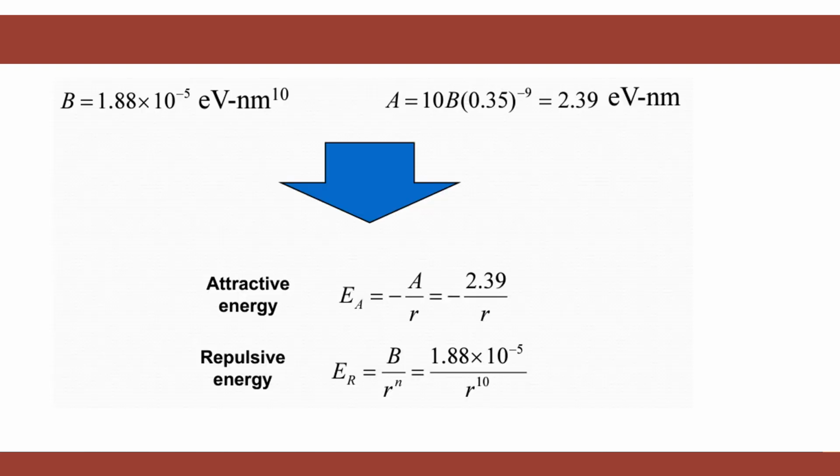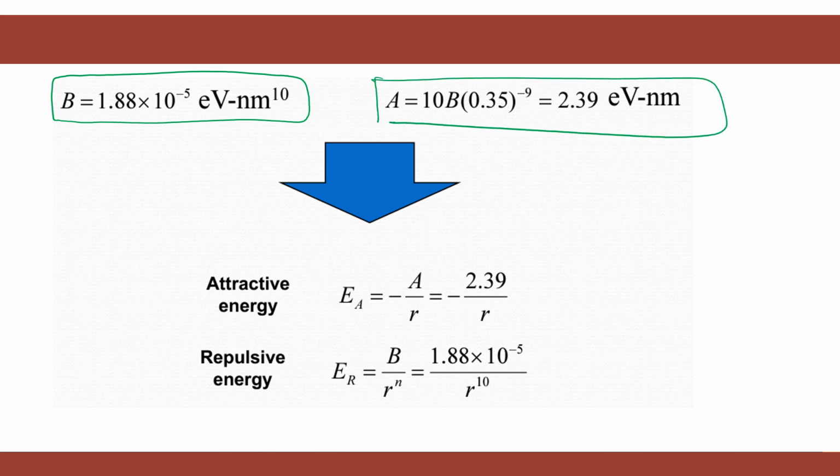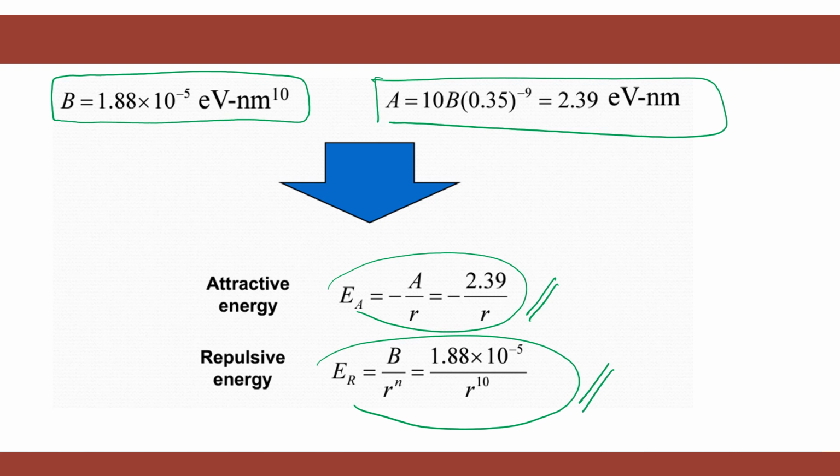Okay, so when you solve the two equations, you get two values for B and A, and you can substitute them here and here. You get answers for attractive energy and repulsive energy. So for any distance, you can find the attractive energy, and for any distance, you can find the repulsive energy. If you know the R between the two ions, you can find the attractive and repulsive energy.